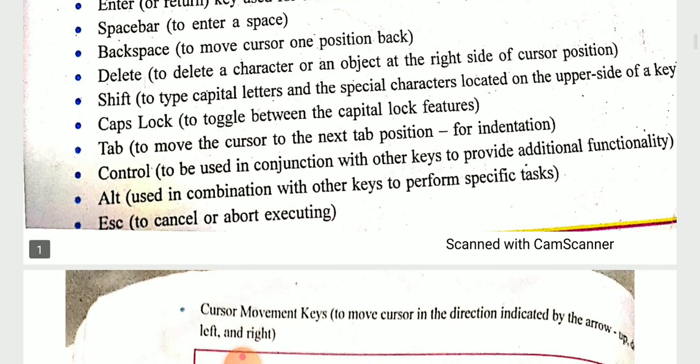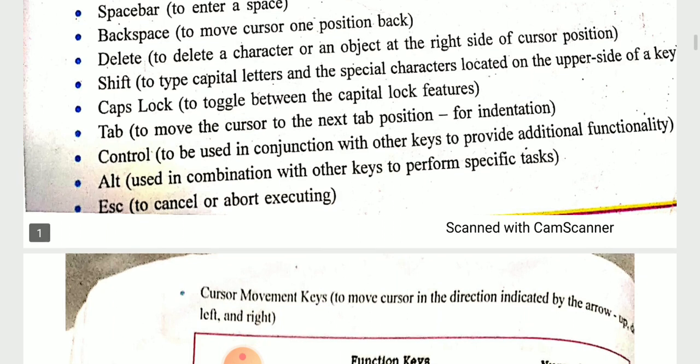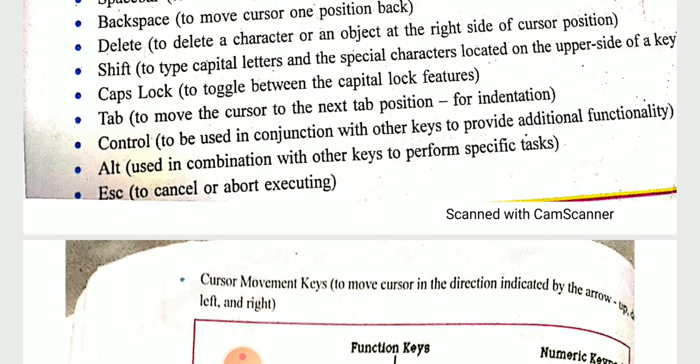Then space bar key. With the use of space bar key, we can give a space between two words, two lines and many more lines. Next, backspace key. In your keyboard, you can see the backspace key.